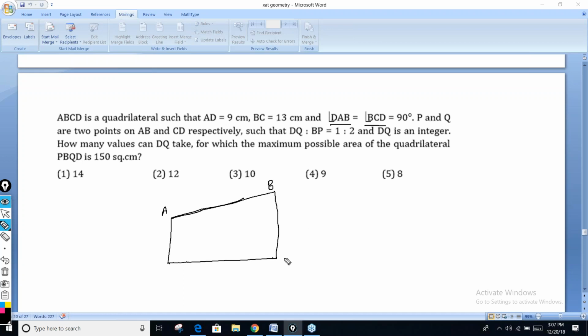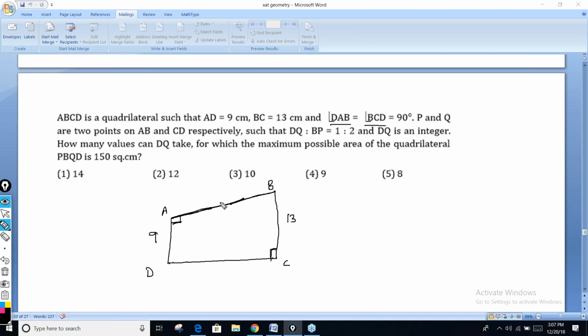ABCD is a quadrilateral. This angle and this angle are given as 90 degrees. So you can slightly take it like this. AD is given as 9, BC is given as 13.